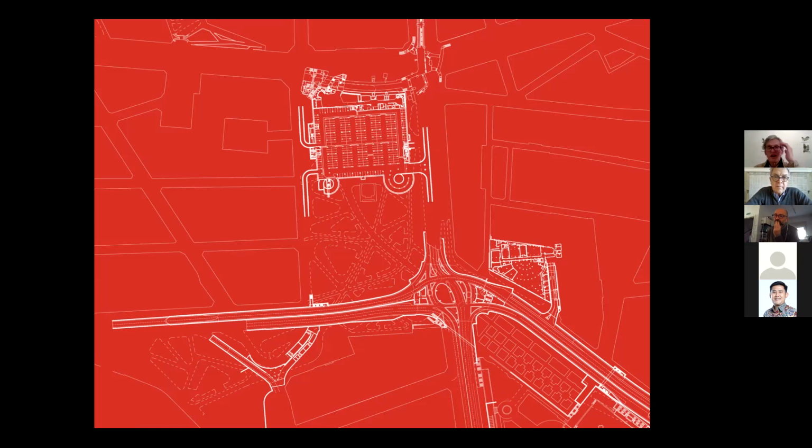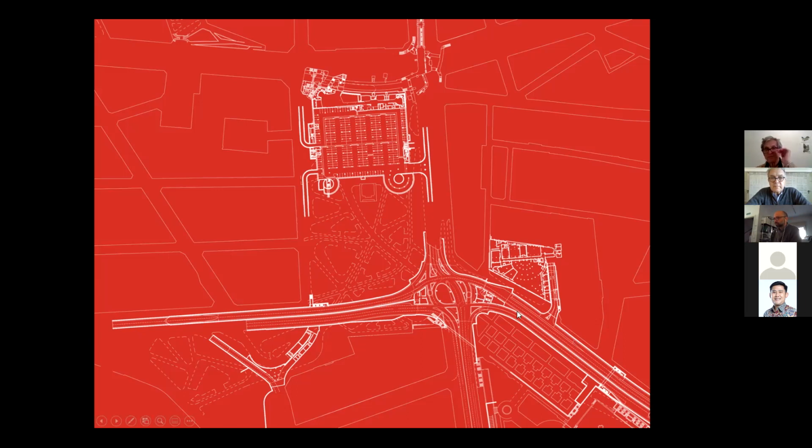So I'm trying to explain because the level of the cars is difficult. In the project, after winning the competition, we put cars underneath in 2 tunnels. One tunnel from this point to this point, another tunnel from this point to this point.